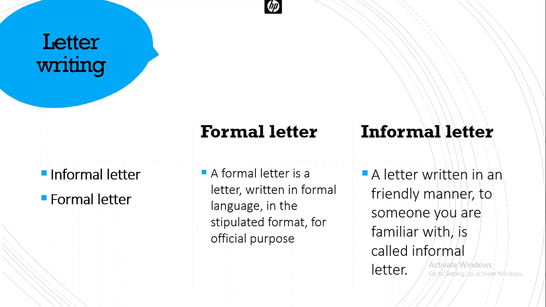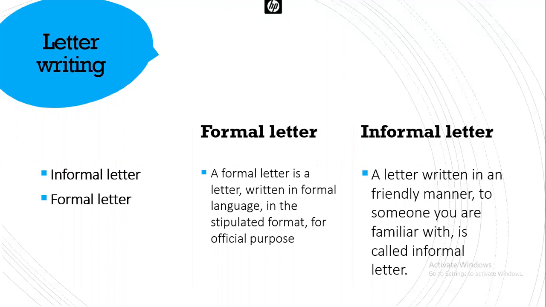The formal letter is the one in which we use a formal language, and that is in a stipulated format. Now, stipulated means a specific format for official purpose. So you have to stick to that format when you're writing an official letter or the formal letter to your teacher, to your principal, or if you're writing to an editor, which you had done in class 7.